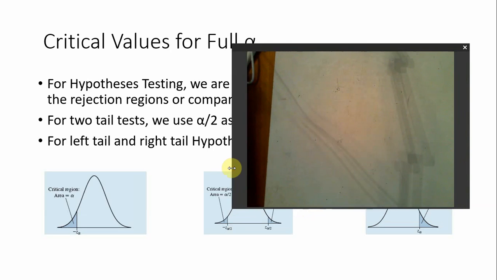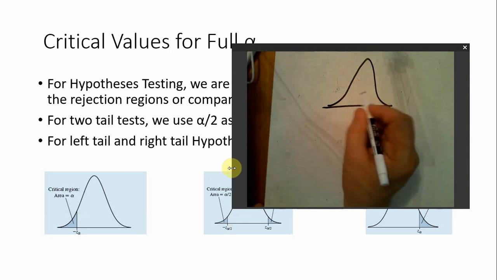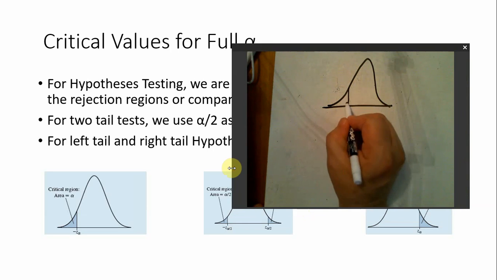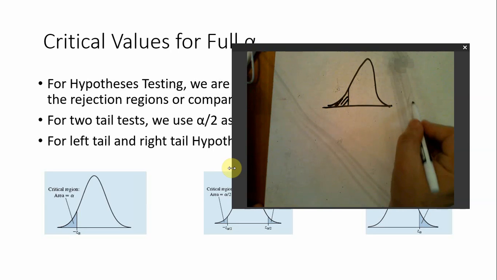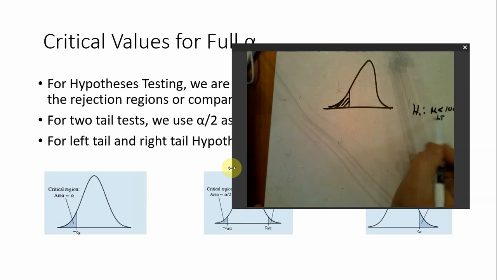So here, when I'm doing hypothesis testing, I'm doing regions, so let's just do a left-tailed region. I've got something like H1 is mu less than 100. I'm going to say that's a left-tailed test, and they'll say do it at the alpha 0.05 level.